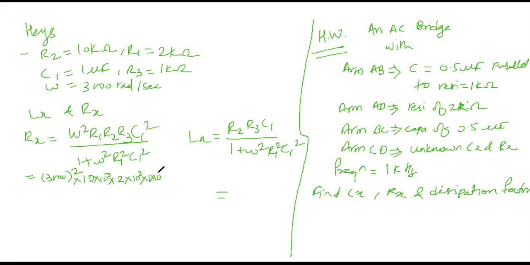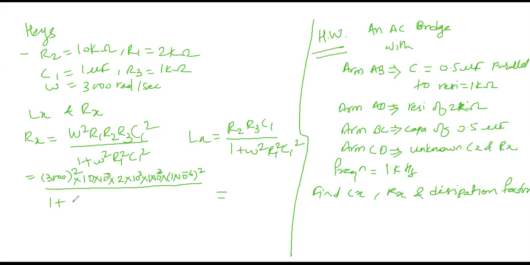R3 is 1K, so 1 into 10 raised to 3 multiplied by C1 square. C1 is 1 into 10 raised to minus 6, bracket square. C1 is 1 microfarad.